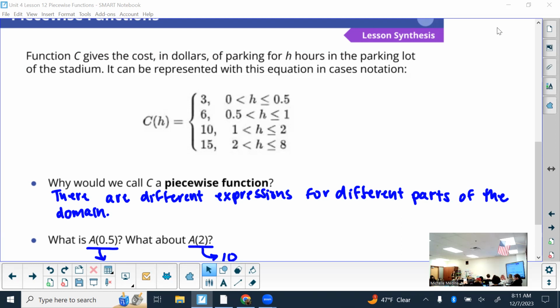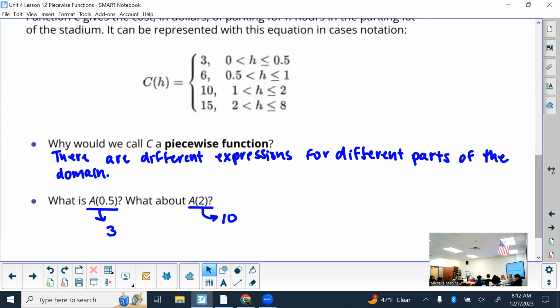And then be able to answer no matter what the input is, what's the output? So C, 0.5. 0.5 shows up in 2 places, but it can only be one price. How do you know if it's that price over the other? A closed circle, or if I'm looking at the rules, what would I look for? The equal to part of the inequality, right?